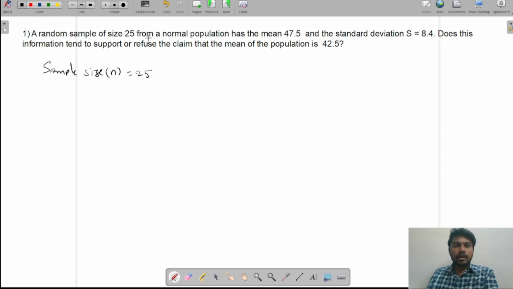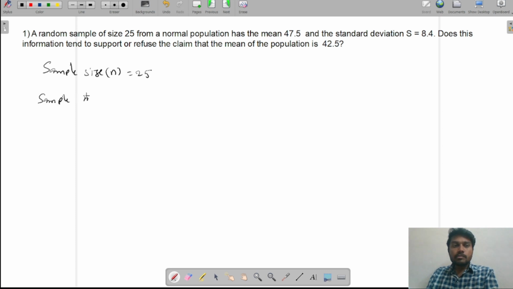Yes, from a normal population has the mean 47.5. So this is the value of the mean. Which mean is given here? A random sample of size 25 from a normal population has the mean 47.5. So can I say this is the value of the sample mean?